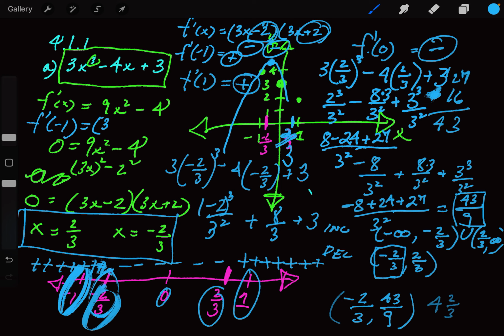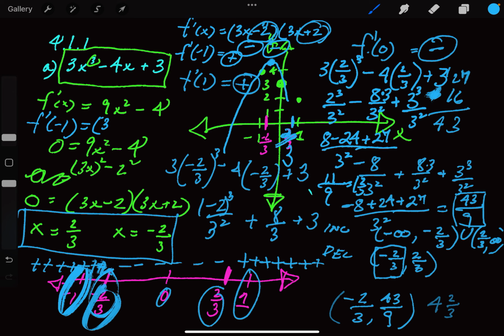I'm going to get negative 16 plus 27, which is 11 over 9. And 11 ninths is 1 and 2 ninths.